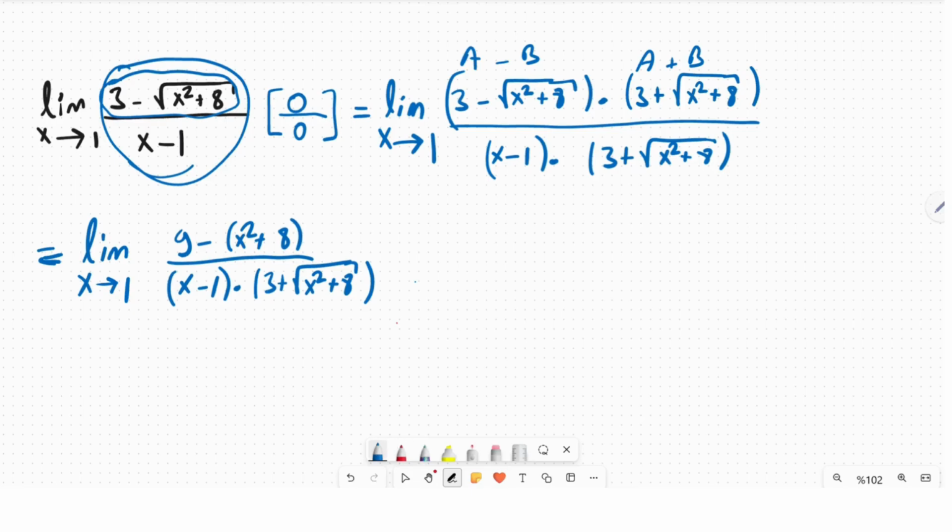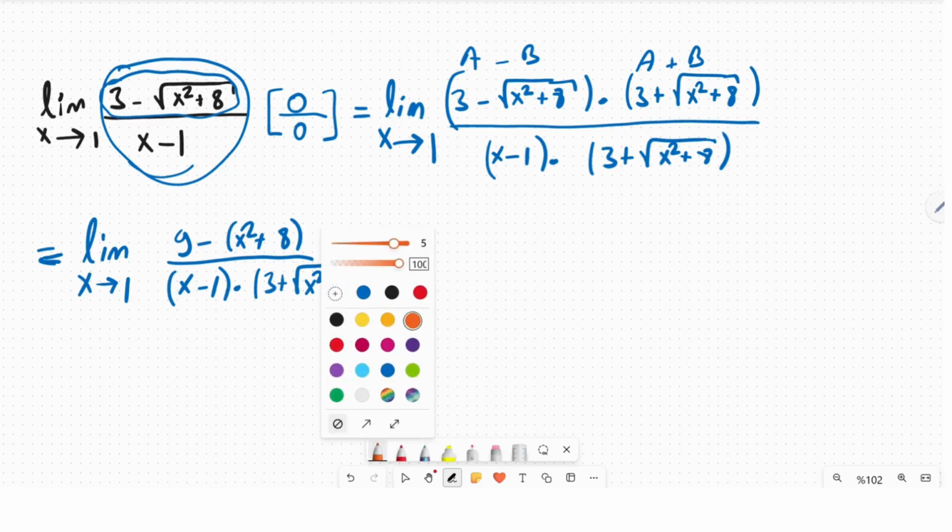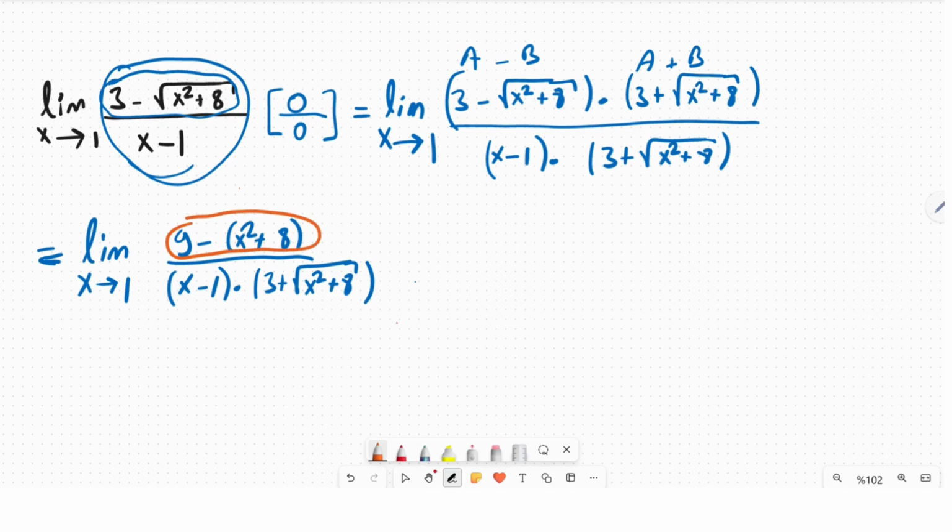Attention here, this expression is nothing else than 1 minus x squared. And this 1 minus x squared and x minus 1 can be simplified. 1 minus x squared is identical to 1 minus x times 1 plus x. And this 1 minus x and this x minus 1 can be simplified. We got minus 1 here, we got 1 here.